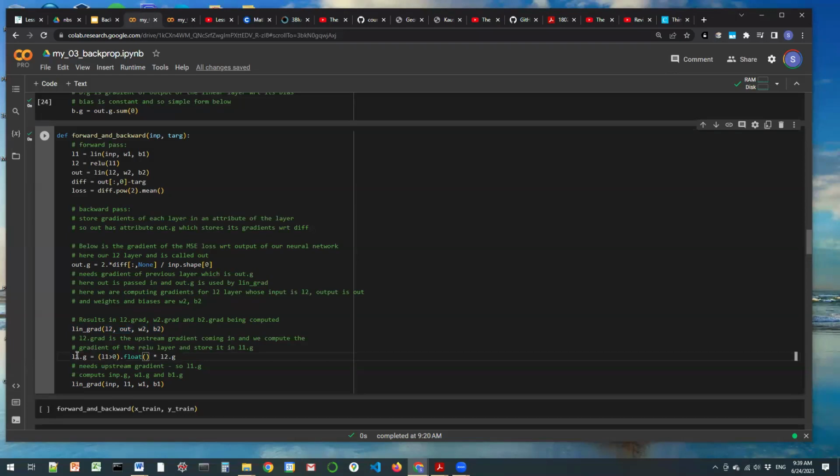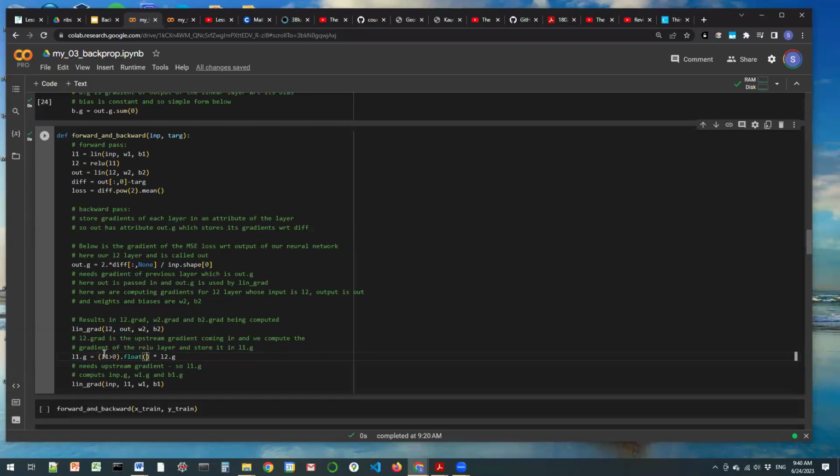Then we compute L1.g. What is L1? Go back to the slide: in the ReLU, as I've already described, anything below 0 is clamped to 0, and anything above 0 stays the same as x. Therefore the derivative is 1 whenever it's positive, and 0 whenever it's negative.